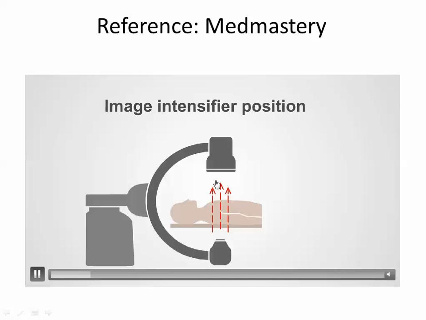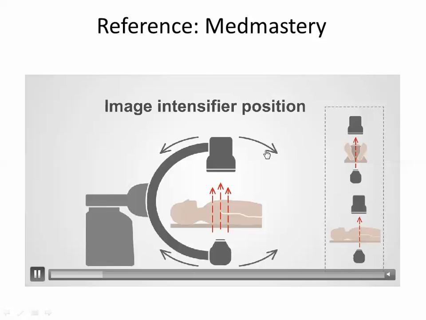So this is the patient, this is the C-arm. It can move here or there, so this will be cranial and this caudal. Caudal is towards the leg of the patient, and this will be cranial. And it can move right and left, RAO or LAO.